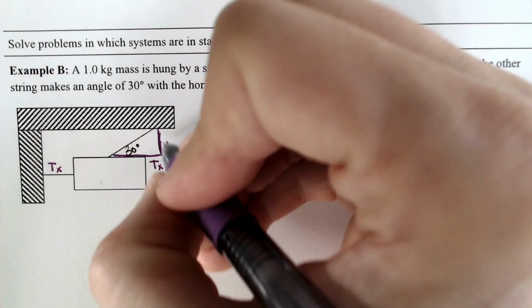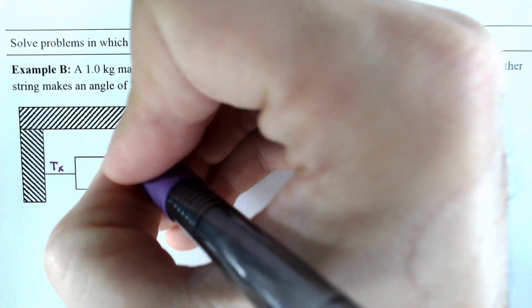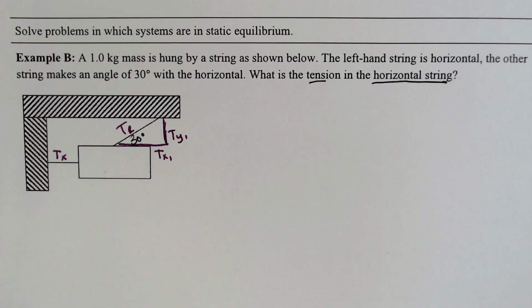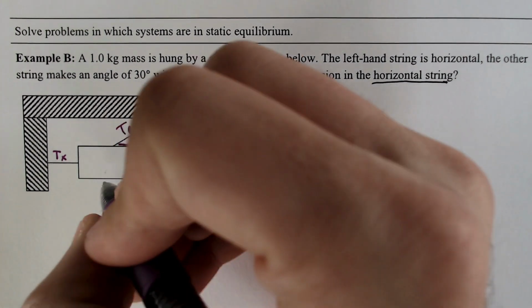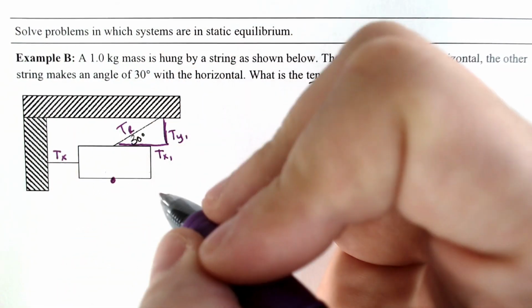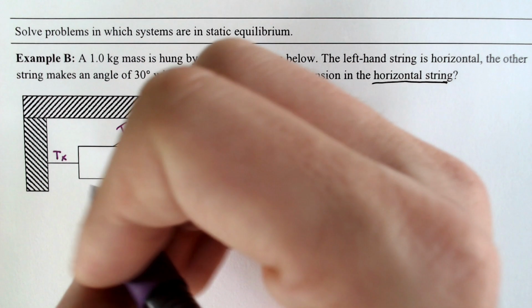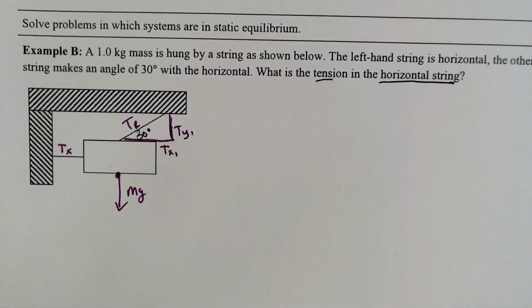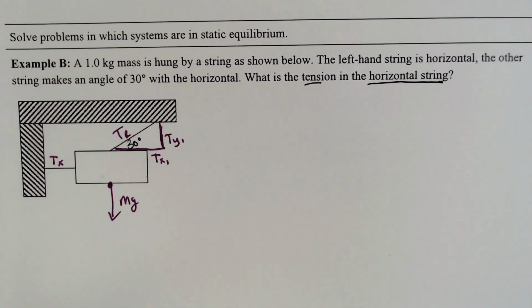Now there's also Ty1, and we're going to call this the T of R for just the tension of the actual string itself. So with that in mind, there's one other thing that we need to recognize, and that would be the force of gravity pulling down on this as well, because all of these are in equilibrium, so gravity must be canceled out in some way.